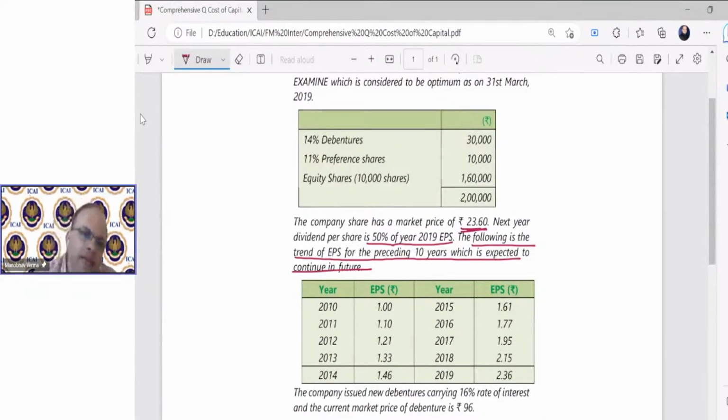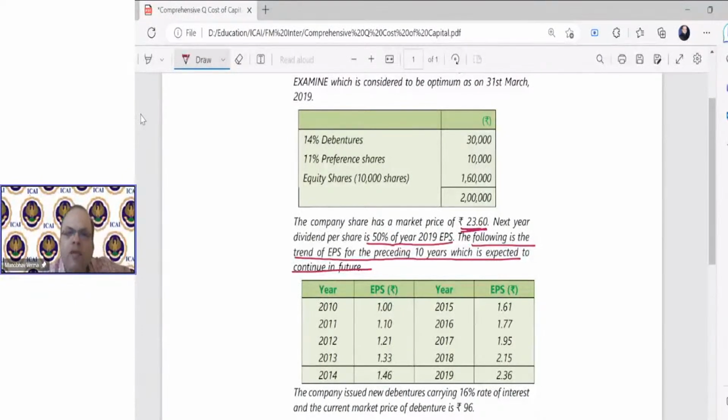For the last 10 years, we're given EPS. What do we do for this? Bhumika says growth rate. Darshan says current EPS. Yes, so we'll be using everything, right? We'll be using both the aspects.